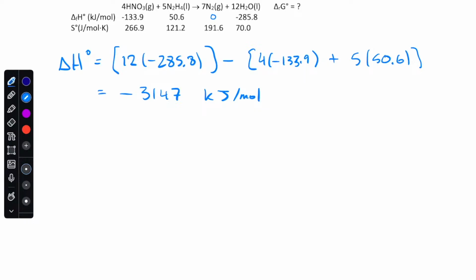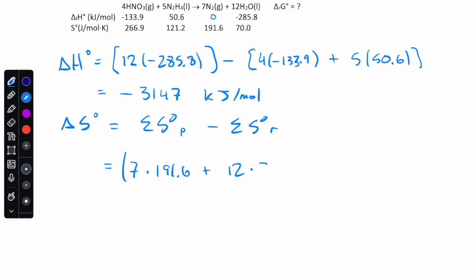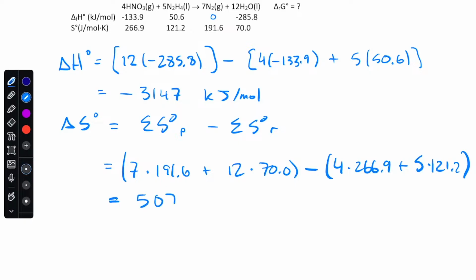Very exothermic reaction. Our delta S0 is again the sum of the S0s of the products minus the sum of the S0s of reactants, equals 7 times 191.6 plus 12 times 70.0 minus 4 times 266.9 plus 5 times 121.2 equals... I'm just fast forwarding through all the little steps here.